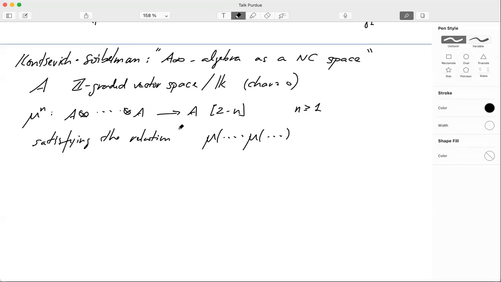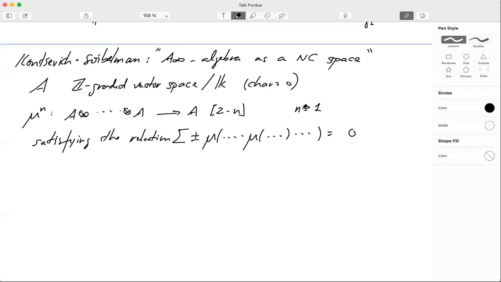I'm going to omit them in this talk just because it's too much to write. Right, so if you compose mu in all possible ways with appropriate signs and sum everything, you get 0. So if you think about what this means for mu2 and mu3, it says that mu3 gives you a homotopy for mu2 not being associative.